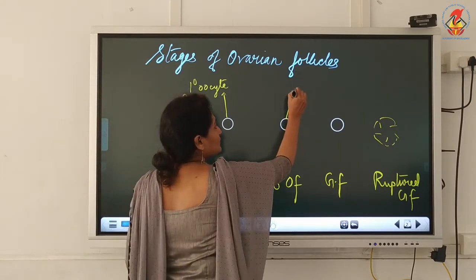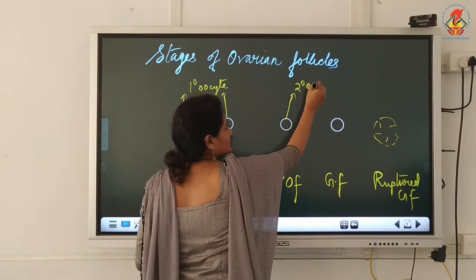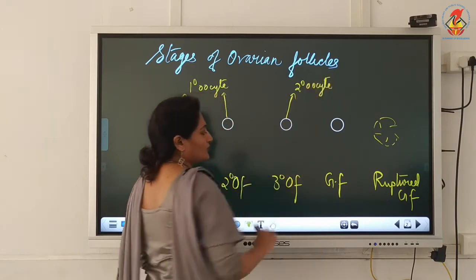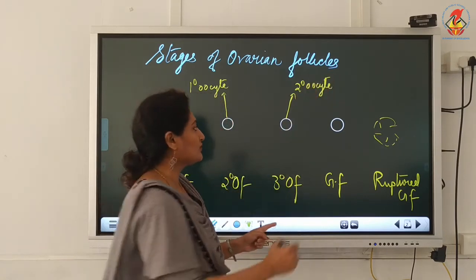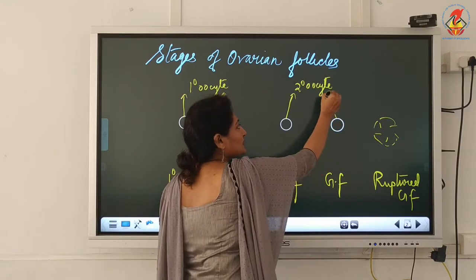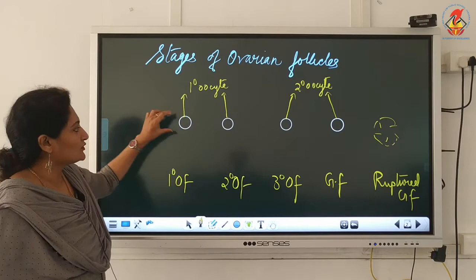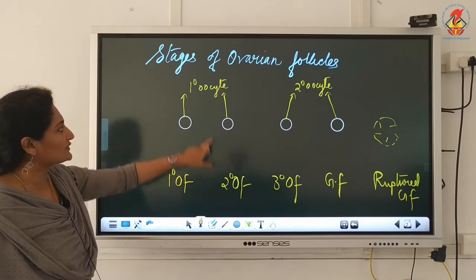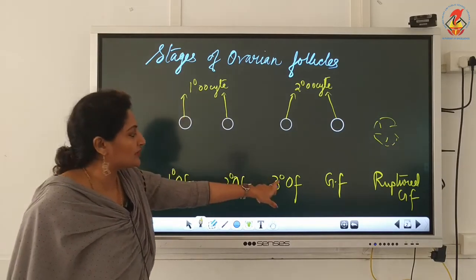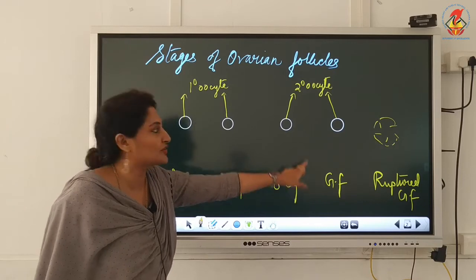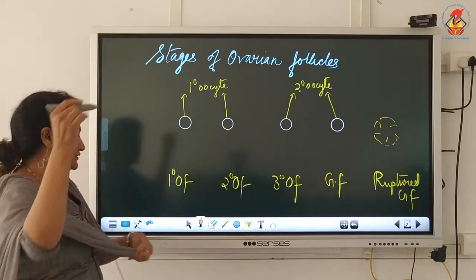Now it is referred to as secondary oocyte. Similarly, in the Graafian follicle, what is the sphere indicating? Secondary oocyte. So when you analyze it, the oocyte of primary and secondary follicles is primary oocyte, and the oocyte of tertiary and Graafian follicle is the secondary oocyte.